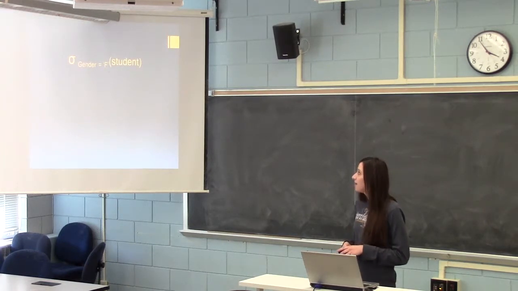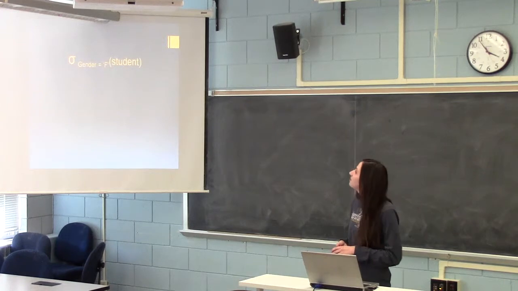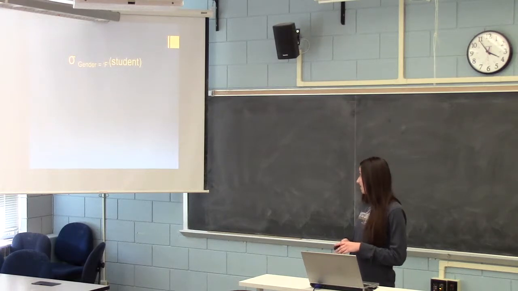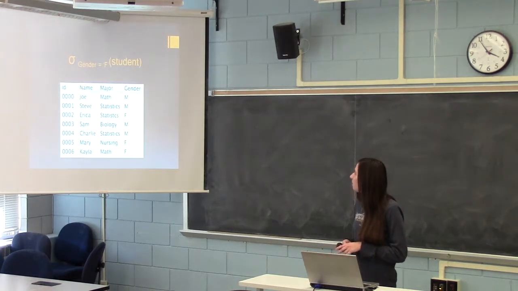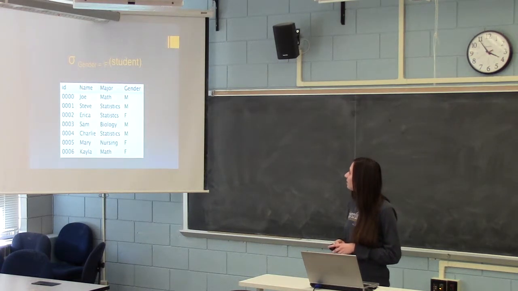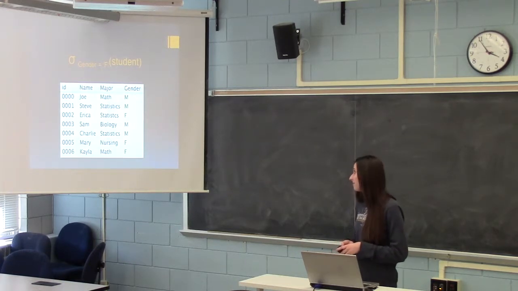Then if we go outside the parentheses, we have our sigma notation, which means we're only going to be pulling out specific rows. In the subscript, it says gender equals F. So for our table, we're only going to be looking at the gender attribute that has the capital letter F for the object.